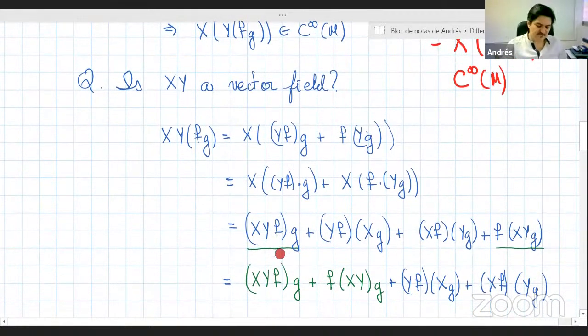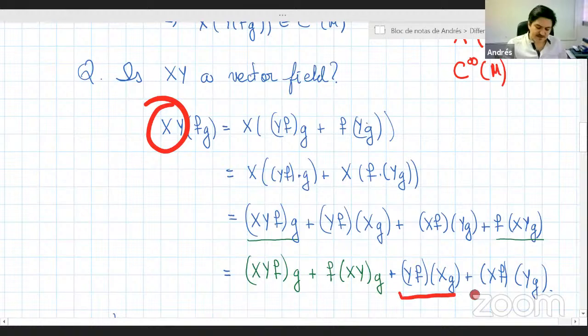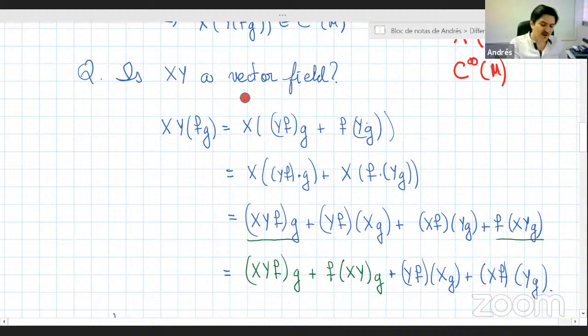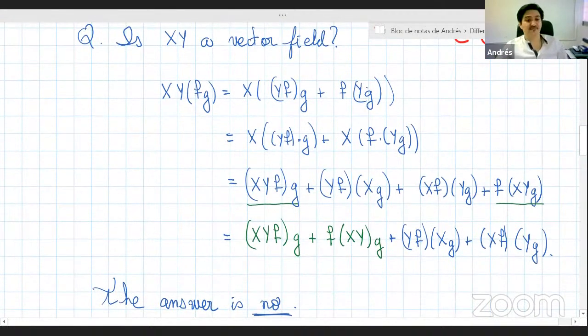So I'm just moving this and this to this side. And what I have in green is what I would only expect for this to be a derivation. So this is something that does not vanish, and that's why I cannot say that XY is a vector field. So no, it's not a vector field, because it needs to satisfy the product rule, the Leibniz rule. And I have this, which is non-zero.